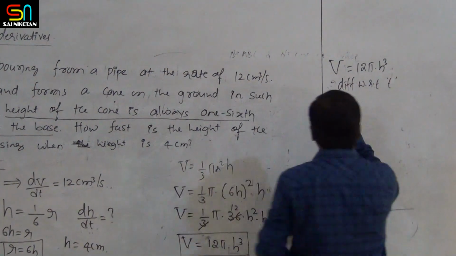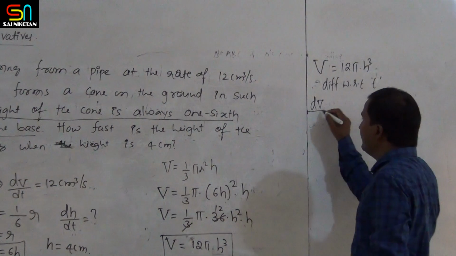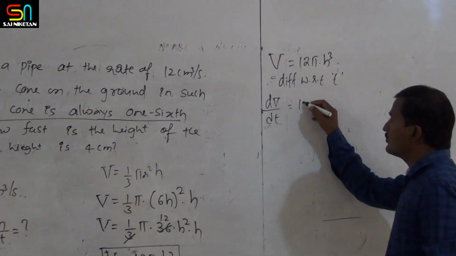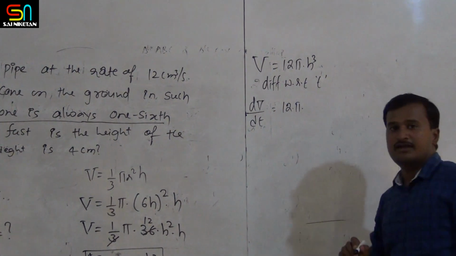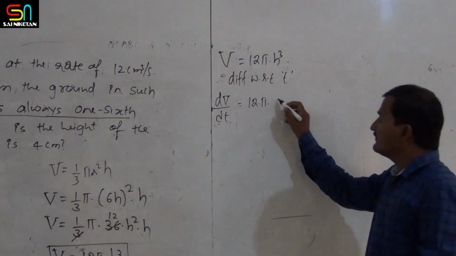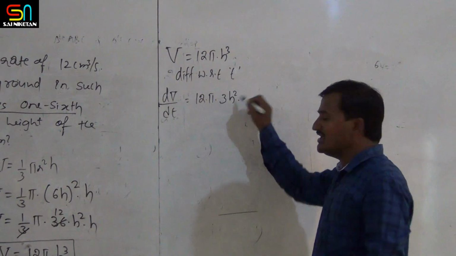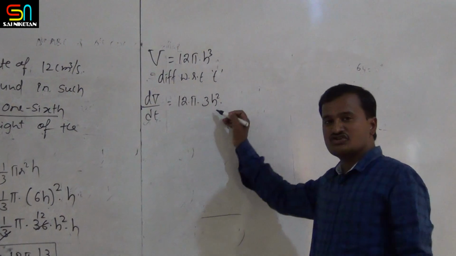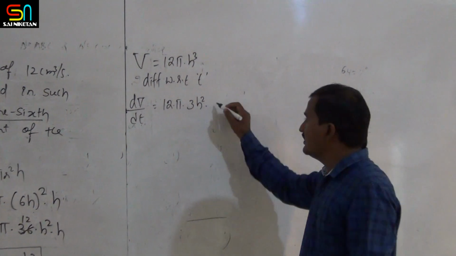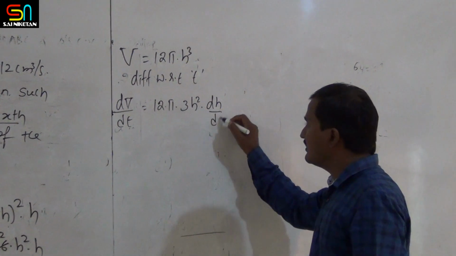So clearly dv by dt is equal to 12 pi into the differentiation of h cubed, which is 3h squared, again the differentiation of h with respect to t, clearly here it is dh divided by dt.